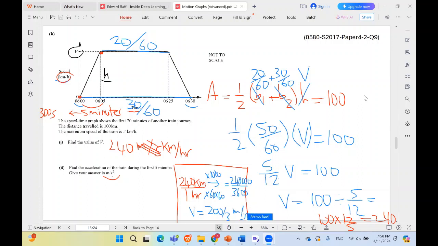So now that we have the value of V, we can rewrite this point here in terms of time and speed. For time, we said that the value is 300. We got that by multiplying 5 minutes by 60 to get 300 seconds. So the time here is 300 and the speed here is 200 divided by 3.